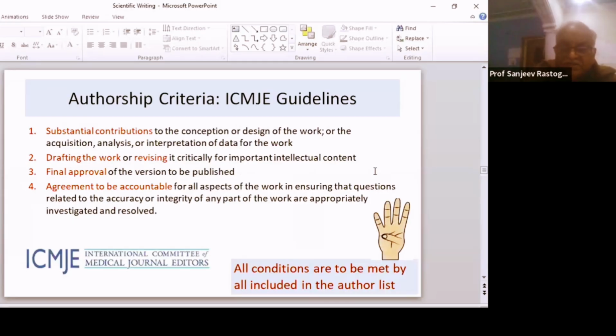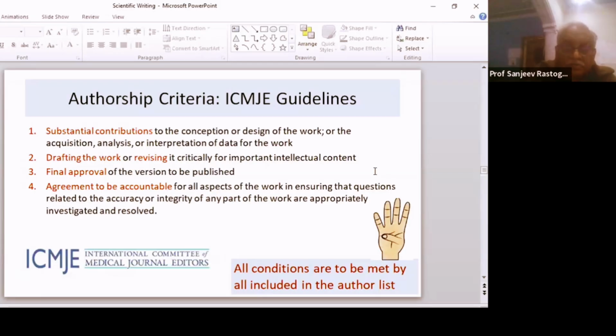So the first criterion is substantial contribution to the conception or design of the work, or the acquisition, analysis, or interpretation of data for the work. Second qualification is that they should participate in drafting the work or revising it critically. Thirdly, they should be part of the final review, final approval of the version to be published.